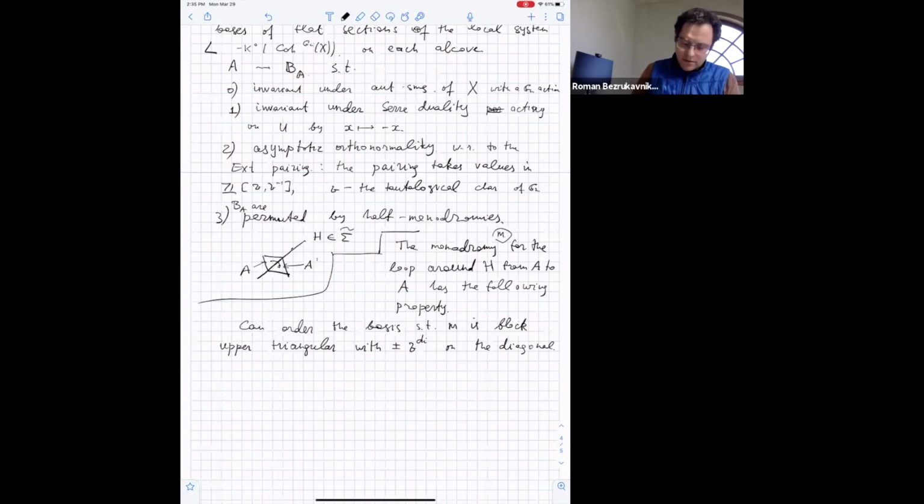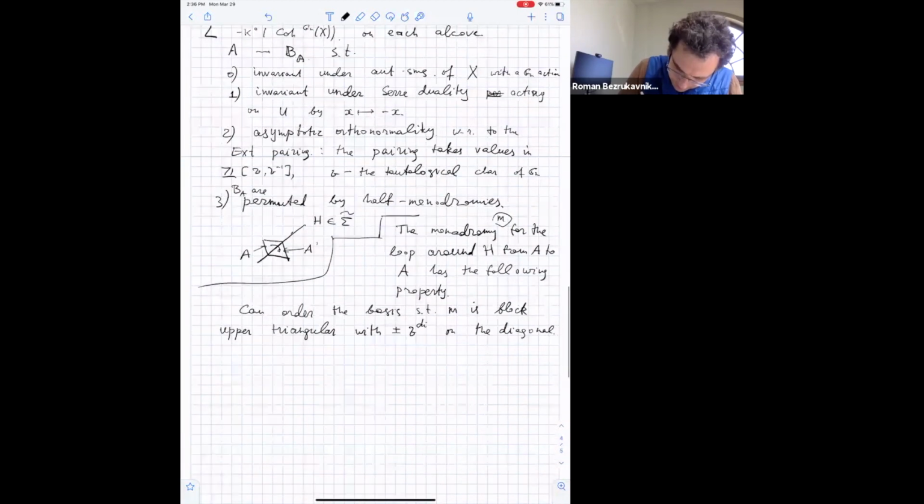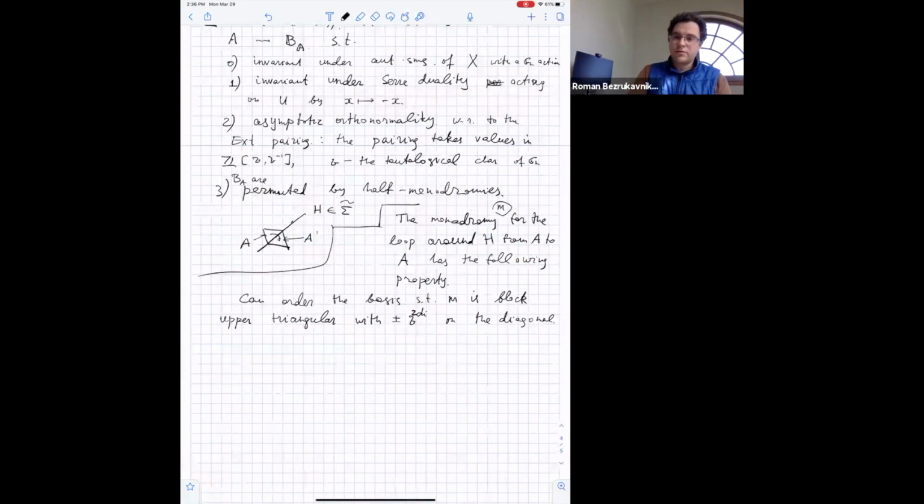In fact, here there will be even powers of V, so I call them V to the power 2di.